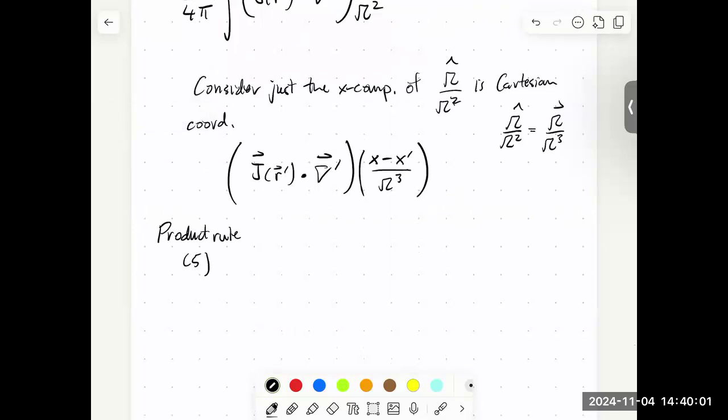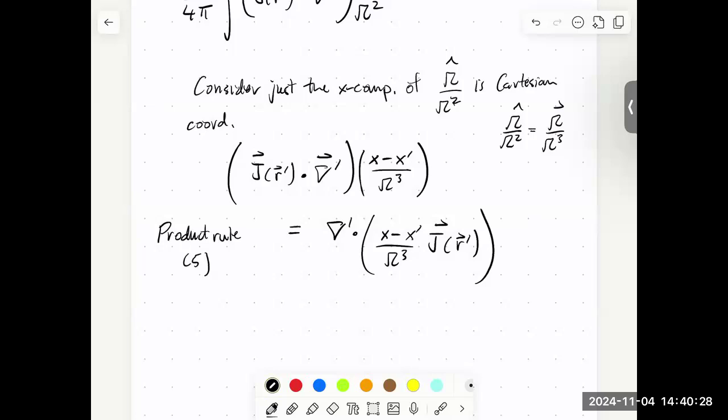Okay. So if you look up product rule number 5, what we're going to get is the divergence of this thing multiplied by J. You know that it has to be a product.